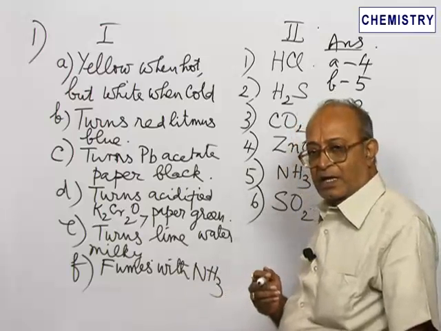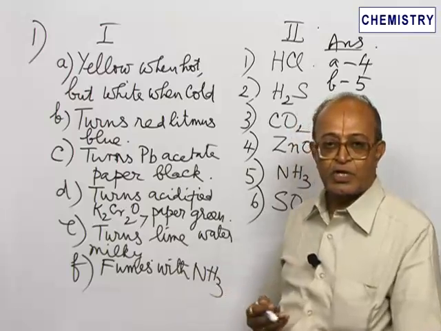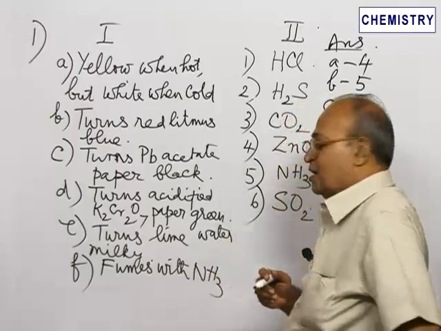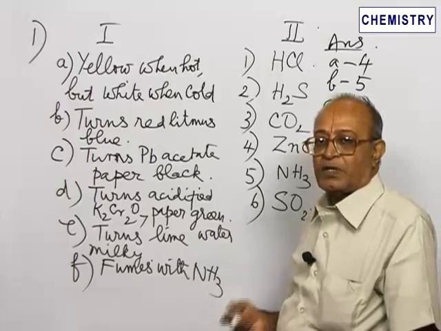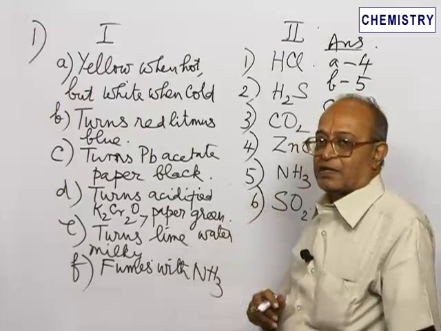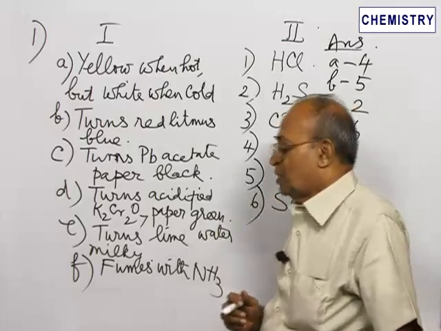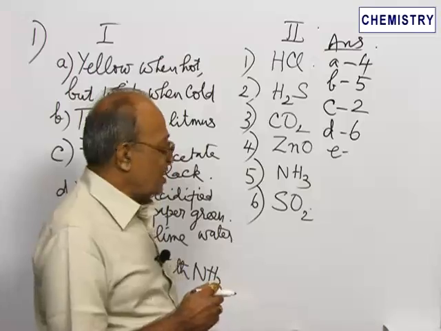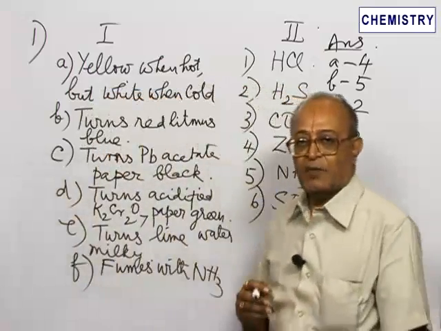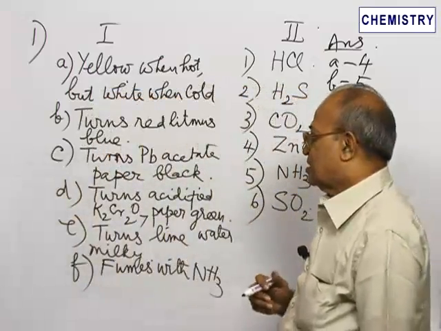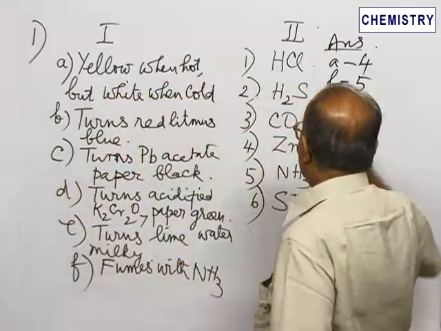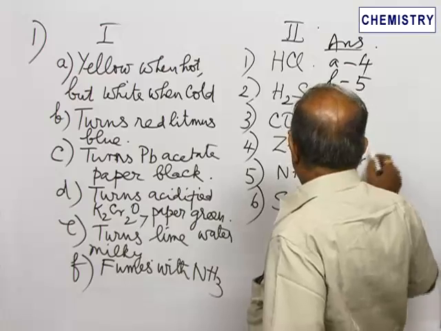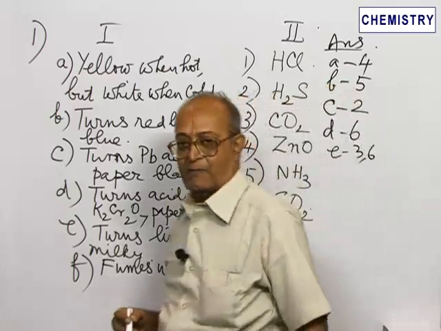But I think in the last class I have mentioned, I think sulfur dioxide will also give this milkiness. So not only carbon dioxide but also sulfur dioxide is capable of giving this milkiness. So for E, CO2 and also sulfur dioxide.